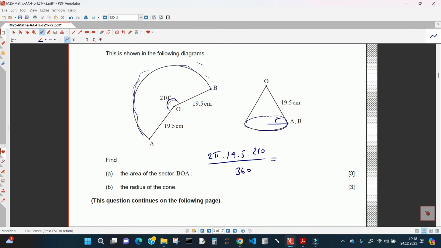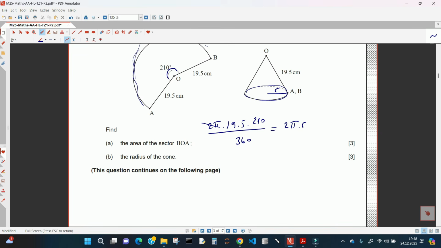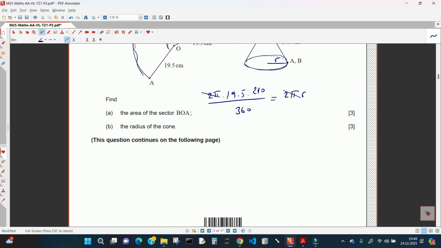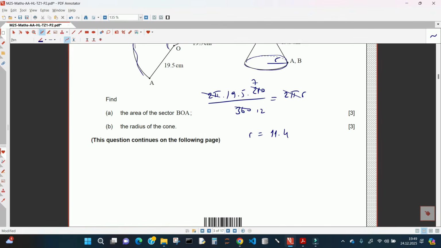In this case, we can write 2 pi times r, the small r, let's say. You can cancel 2 pi from here, and r equals, and also cancel 30 again. You can write 7 and 12. 19.5 times 7 over 12. It is 11.4.